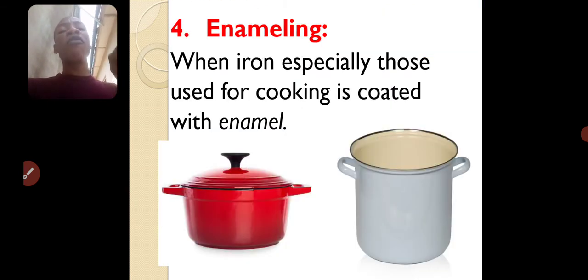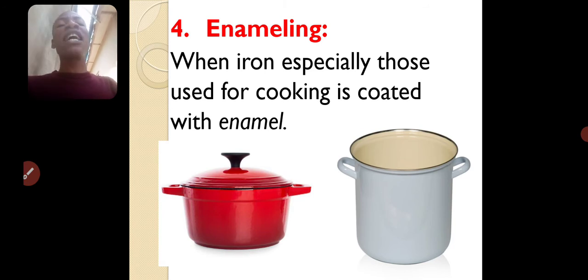Another method of preventing corrosion is by enameling. Enameling has to do with coating a metal with enamel. Most of the times, it is pots and cooking materials that we coat with enamel. You coat the inside and outside with enamel. This material was normally used by our parents in the olden days.